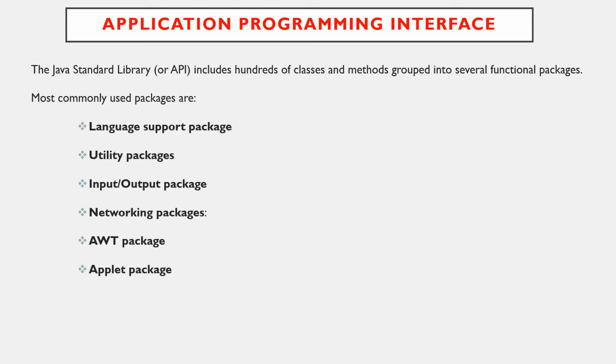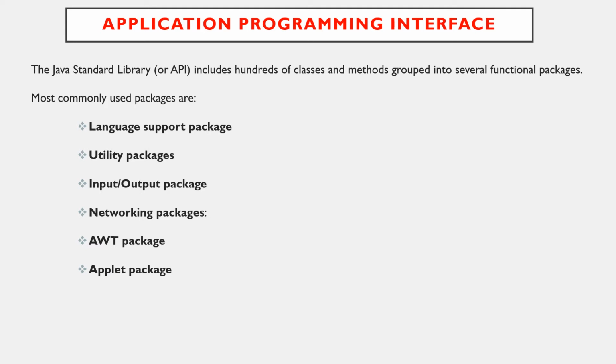Next thing is AWT packages. AWT means Abstract Window Toolkit. Abstract Window Toolkit is a package that contains the classes that implement a platform independent graphical user interface. The last one, applet package. The applet package includes the set of classes that allow us to create a Java applet.